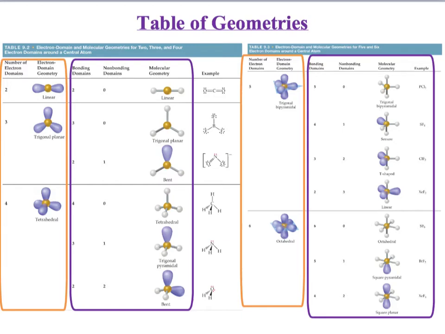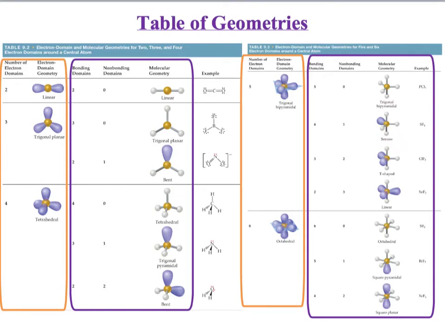So here's an overall table of all the geometries. You can look at the number of electron domains. Once you identify that, you say, okay, there's 5, so the electron domain geometry has to be trigonal bipyramidal. Then we can identify the molecular geometry by looking at the number of bonding and non-bonding domains in that compound. If there's 4 bonding and 1 non-bonding domain, then we have what's termed seesaw.